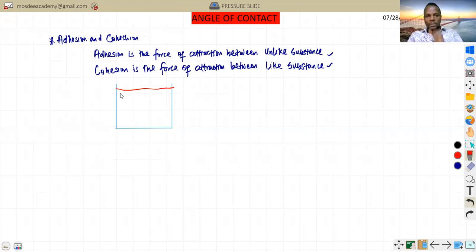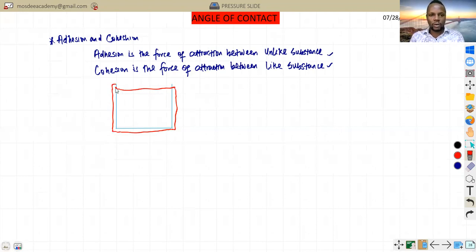Because the liquid has a point of contact with the beaker, the container in which it is filled. Don't mind my diagram, it is not drawn to scale.